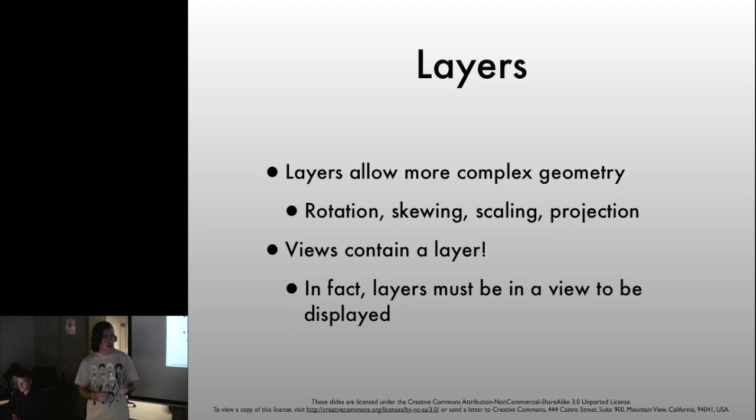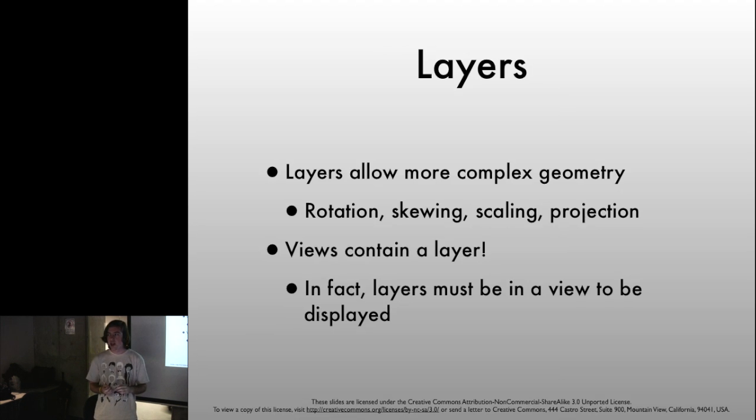One cool thing about layers that you don't get with views is that layers allow much more complex geometry. I don't think you guys have seen this yet, but you can apply what are called affine transformations to views, and these allow you to perform a lot of various morphing of a view's bounding rectangle, but they're limited to affine transformations, which are transformations that preserve the parallelness of opposite sides.